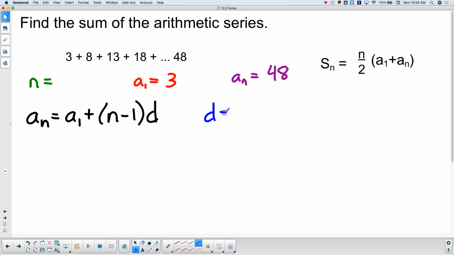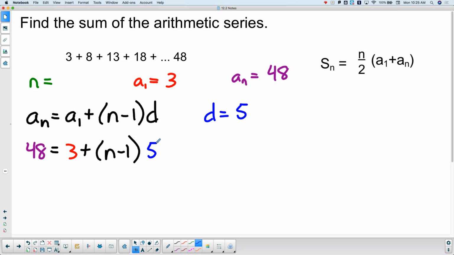D is 5. Yep, we're adding 5 every time. Right? Okay? All right? So I could say that 48 here is equal to 3 plus n minus 1 times 5. Right? Based on the information that we're given.